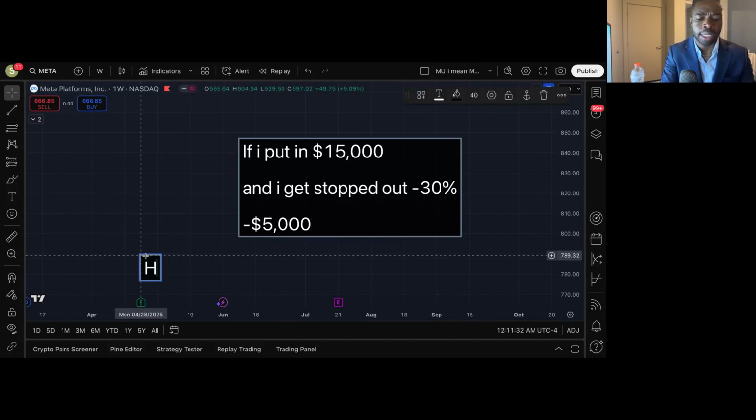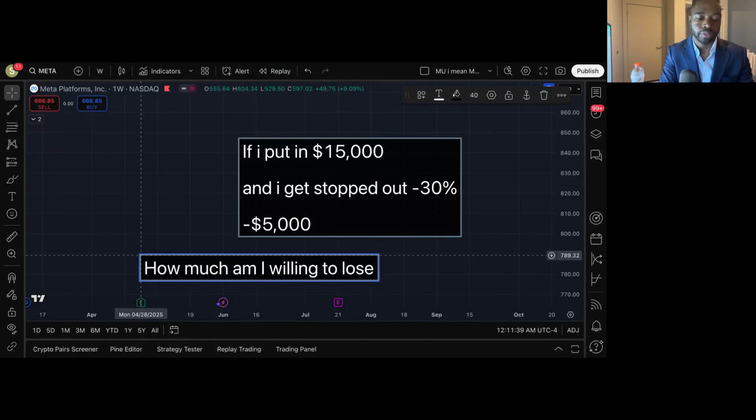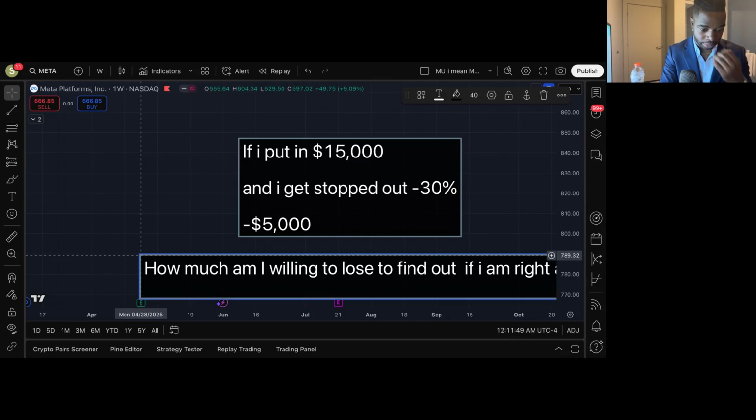How much am I willing to lose to find out if I am right about the direction and magnitude of this trade?